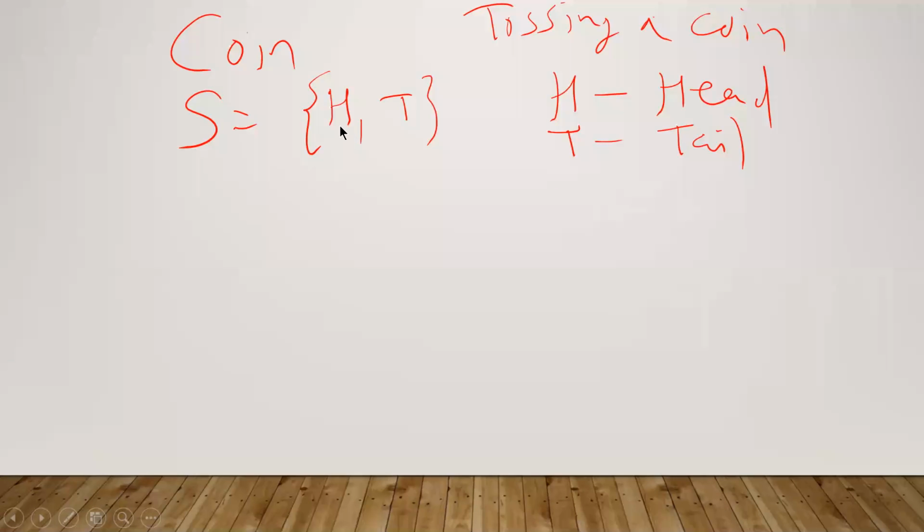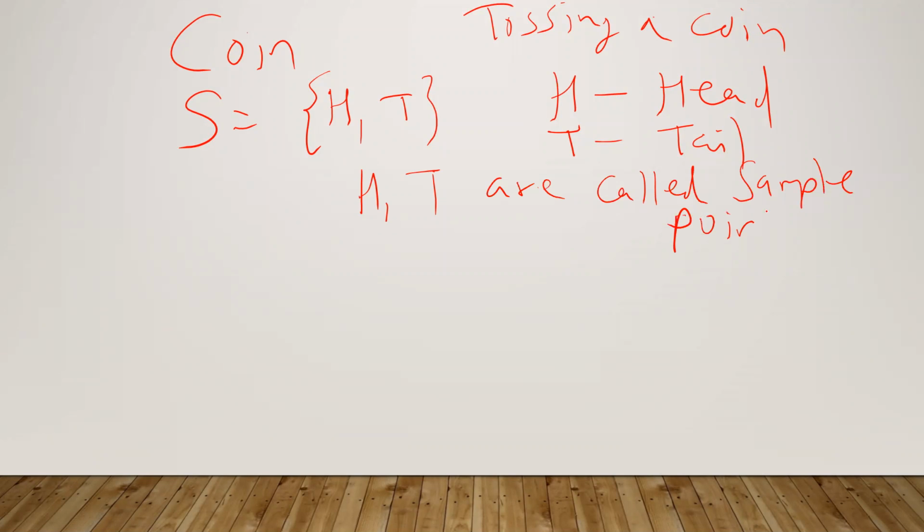Now see, H and T, these are the possible results, possible outcomes. They are called sample points. What are they called? Sample points. Sample point means the possible outcomes or possible results of the random experiment. And the set of sample points is called a sample space.